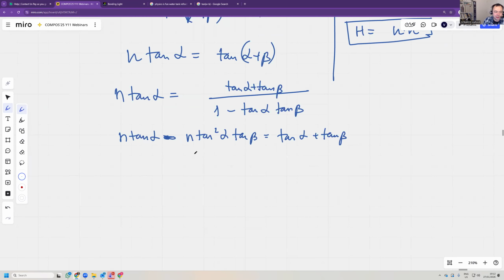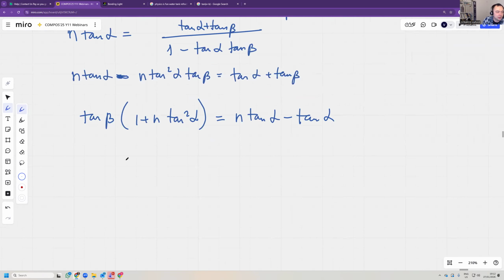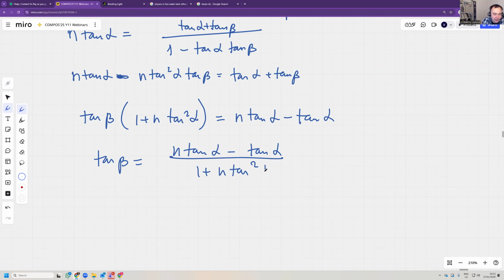And we need to maximize beta, right? So we can take tan beta to one side. Tan beta, open bracket, 1 plus n tan squared alpha, equals n tan alpha minus tan alpha. So tan beta equals n tan alpha minus tan alpha, divided by 1 plus n tan squared alpha.